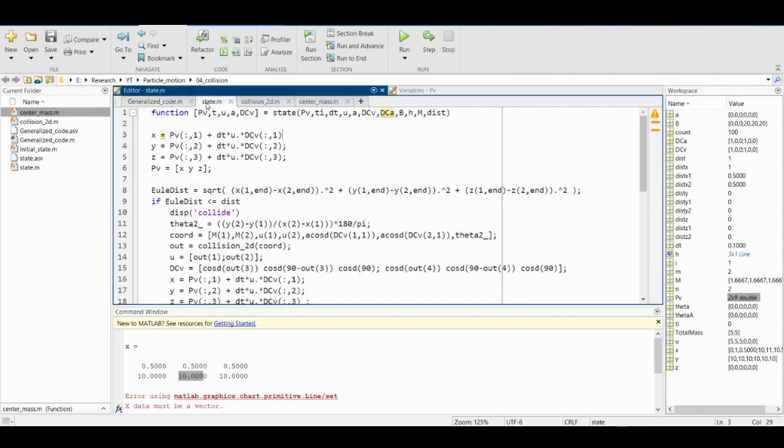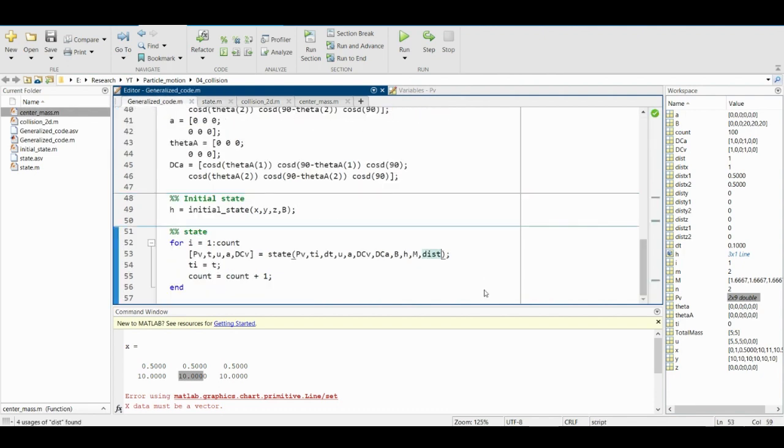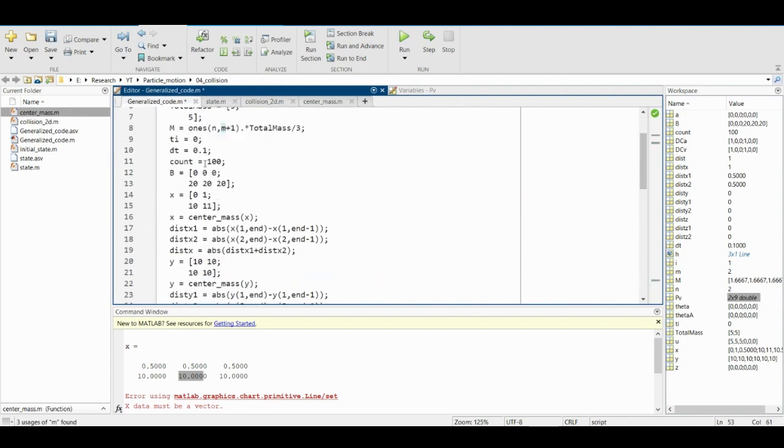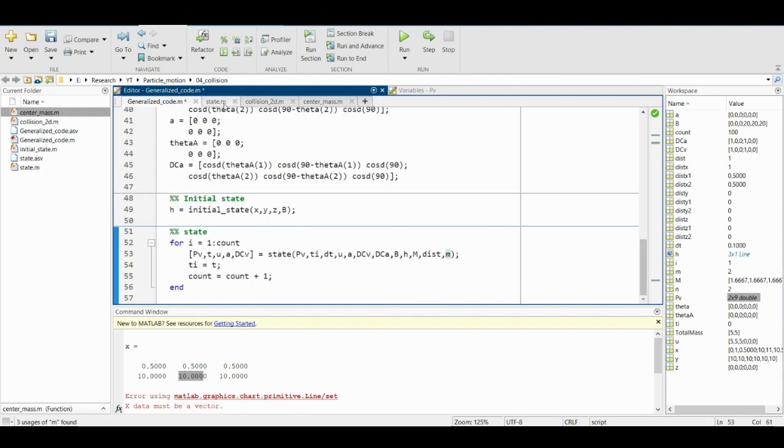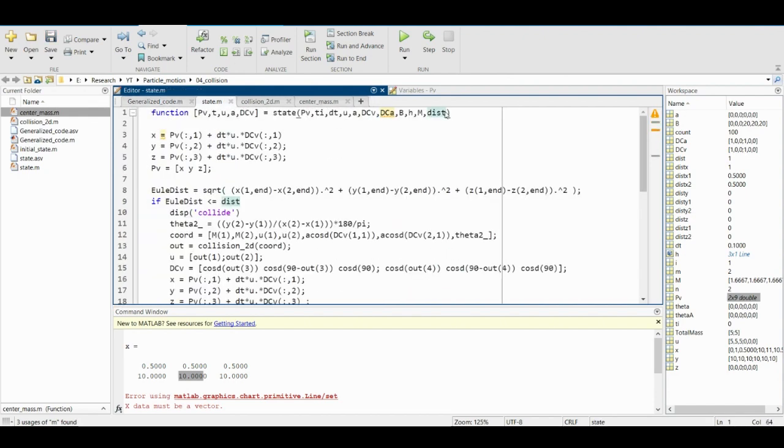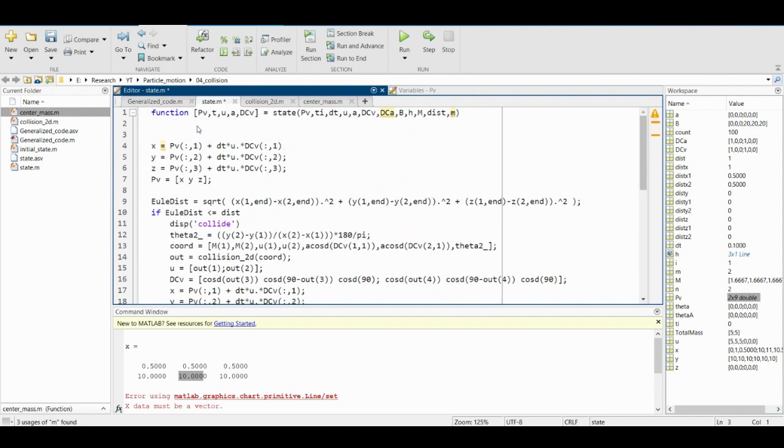10, 10, 10. So there are like 3, 3, 3. Everybody's going with 3, 3, 3. So I'm gonna go for one thing. Let me go comma m here, number of points to each particle, comma m. So there are two.